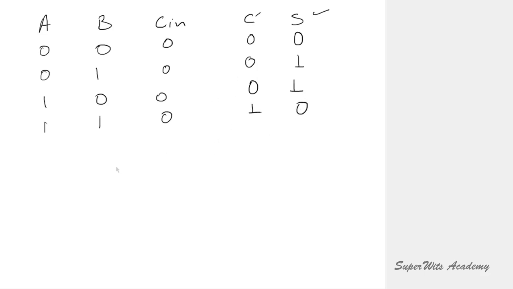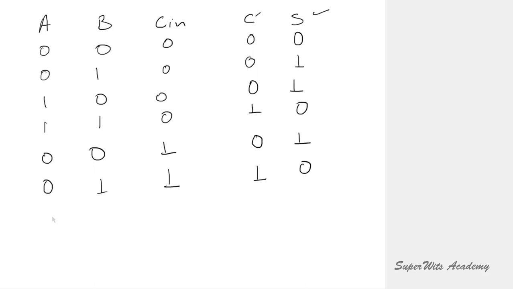Now for 0 and 0, if my carry is 1, then what I'm going to get is 0 carry, but sum will be 1. If I have 0 and 1 given for the inputs and carry is also 1, then in that case what we are going to get is 1 and 0.